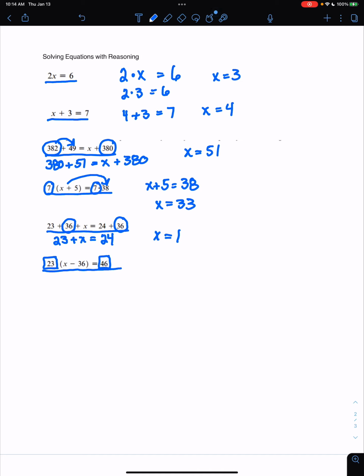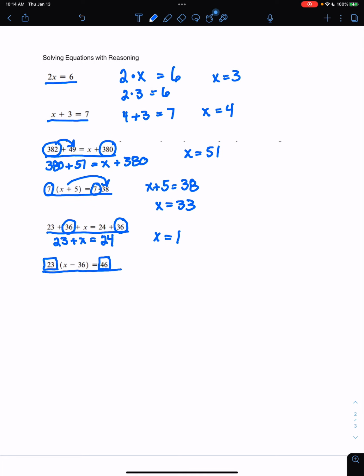So I know that 23 times 2 is going to equal 46. So I have to know that x minus 36 has to equal 2, right?